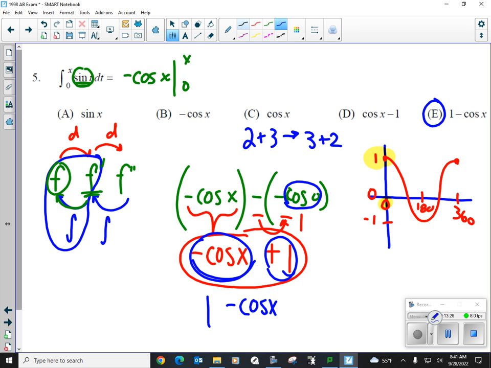Choice E. And I'm telling you, you're going to have to know sine, cosine of 0, 90, 180, 270, 360. Or in terms of radians, pi over 2, pi, 3 pi over 2, 2 pi, okay? And you're going to have to know those special angles too, like 30, 45, and 60. So if you don't know those, brush up on those.